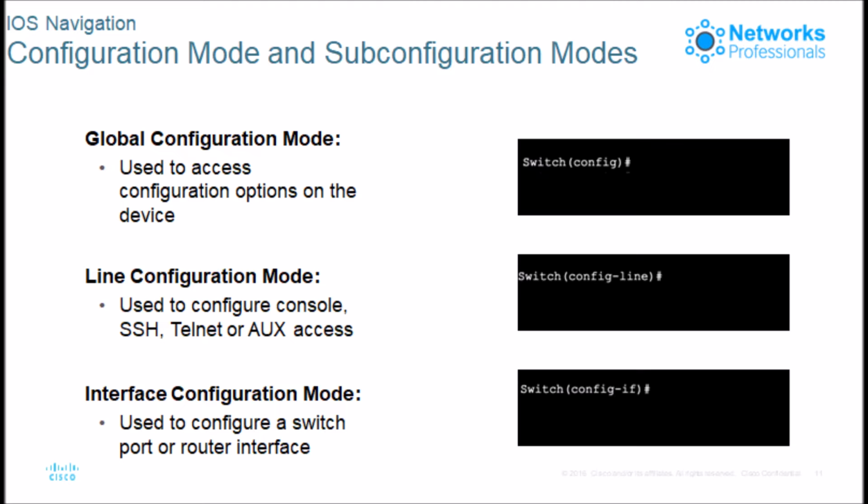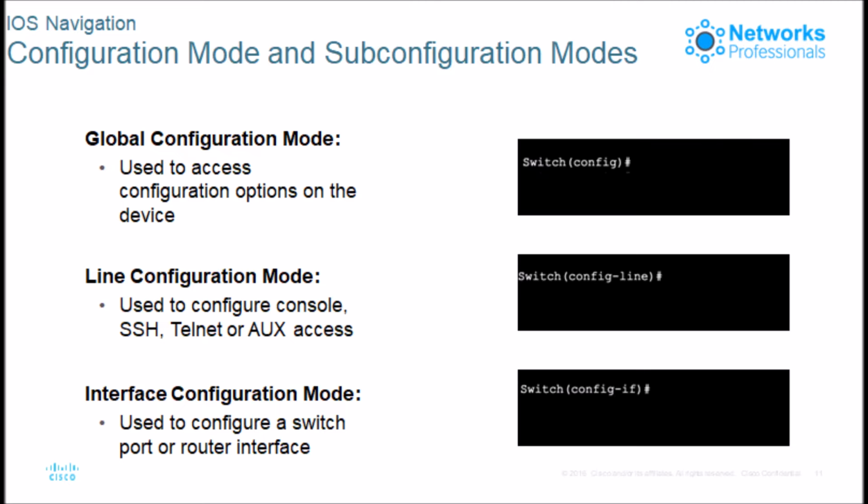Global configuration mode is identified by a prompt that ends with (config)# after the device name, such as Switch(config)#. Global configuration mode is accessed before other specific configuration modes. From global config mode, the user can enter different sub-configuration modes like line mode, router mode, interface mode, etc.